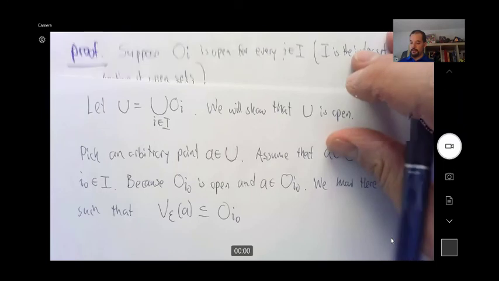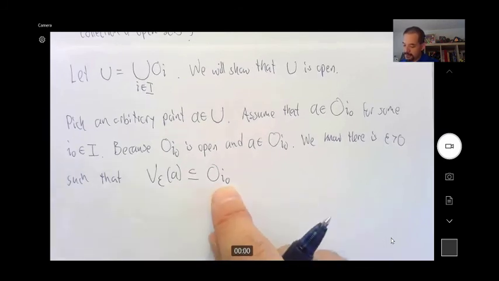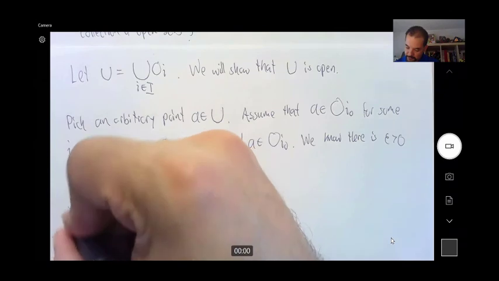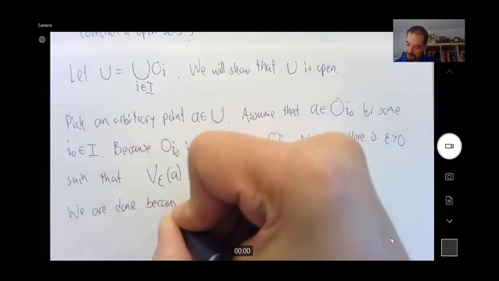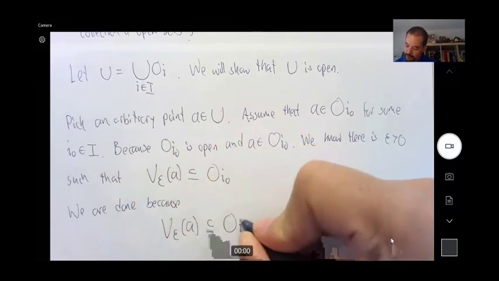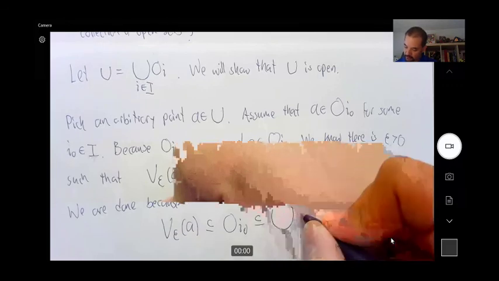And believe it or not, we are done because this same neighborhood is going to work. Why? Because this guy is in turn a subset of the union. So we are done because B_epsilon(A) is a subset of O_{i_0}, which is in turn a subset of the union of all the O_i's.